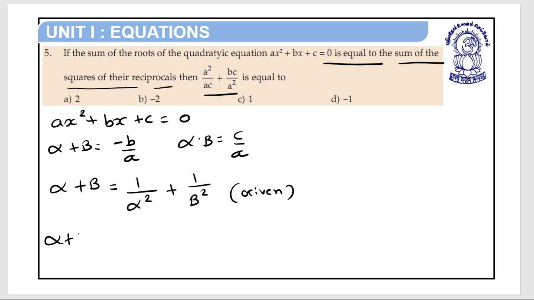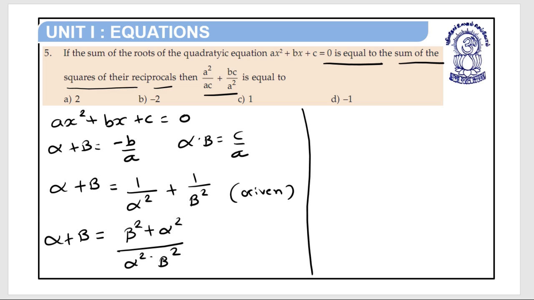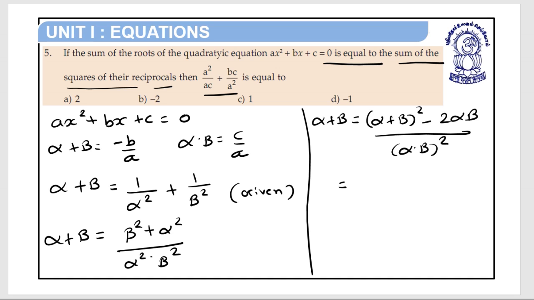So alpha plus beta is equal to alpha square plus beta square upon alpha square into beta square. Instead of alpha square plus beta square we can write alpha plus beta whole square minus 2 alpha beta, upon alpha into beta whole square.